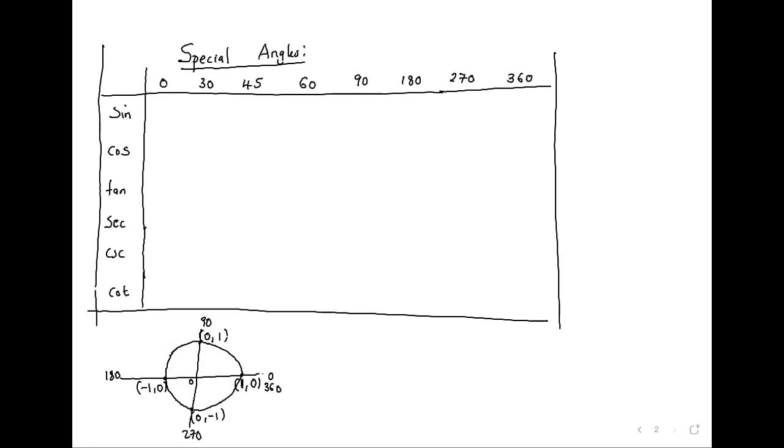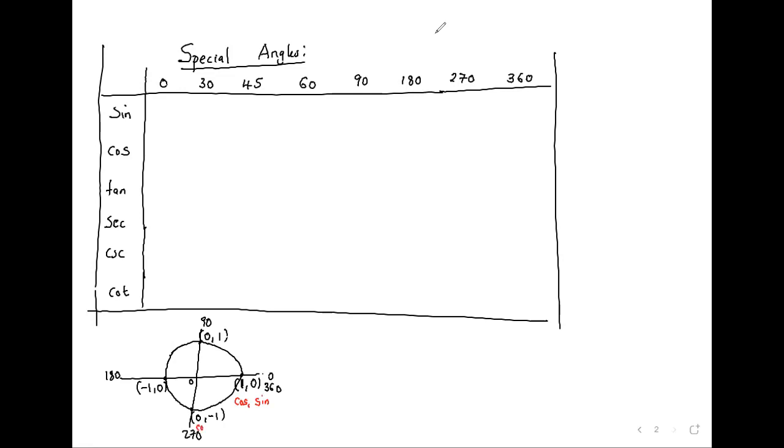Why are we saying (0, 1)? Because on the x-axis, y is 0, and on the y-axis, x is 0. That's why you're seeing the zeros in the second coordinate for some and in the first coordinate for the others. Now, the x-axis is cos, and the y-axis is sine.